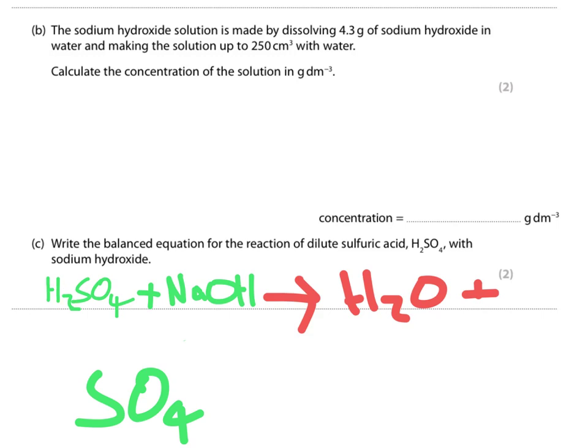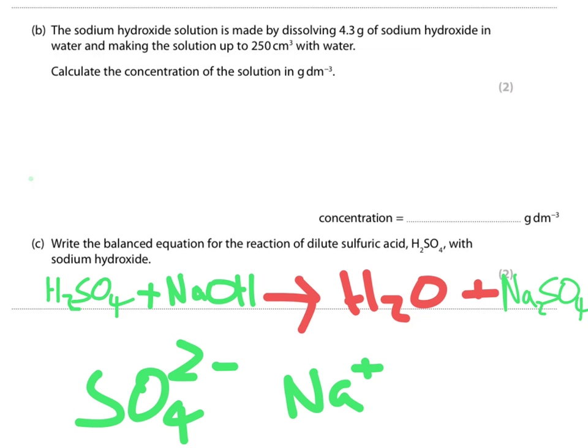It means it's going to have a 2 negative charge, and sodium is in group 1, so it has a 1 positive charge. So to cancel out we need 2 sodiums, which means that we're going to have sodium sulfate, Na2SO4. So that's our formula for the salt, and now we just need to balance it.